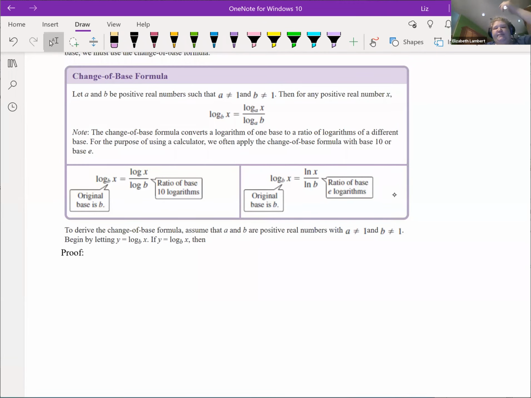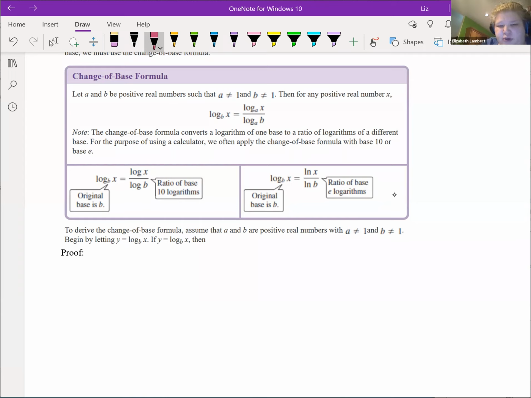All right. So they just kind of put it out there, but I want to talk about, they also did a proof in the book. So A is not 1, B is not 1. That's just because these are bases, and if they're 1, lots of stuff just cancels magically. All right, so they start by setting up that y is going to be equal to log base b of x.